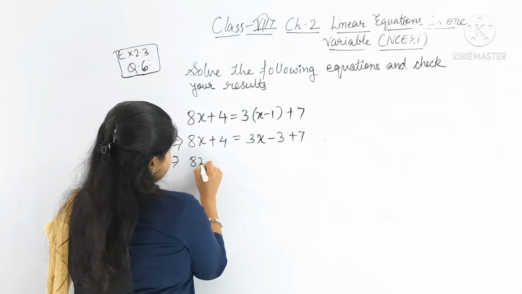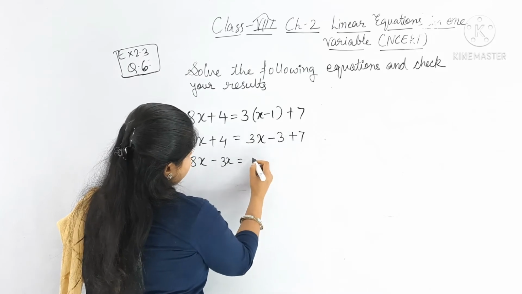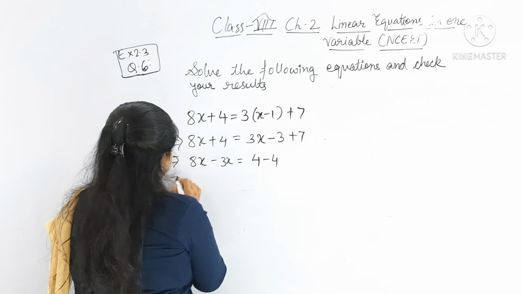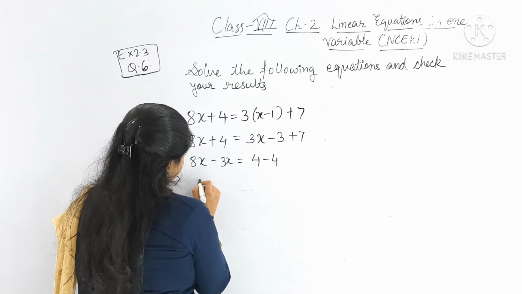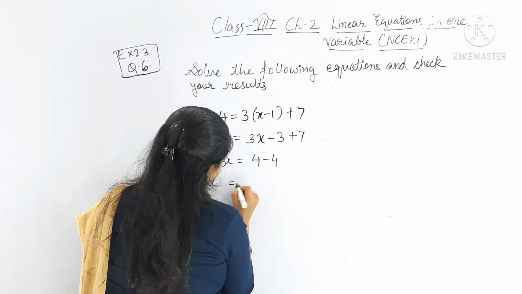So 8x, here it is minus 3x equal to 7 minus 3 is 4 and this is minus 4. So here I am getting 5x equal to 0.